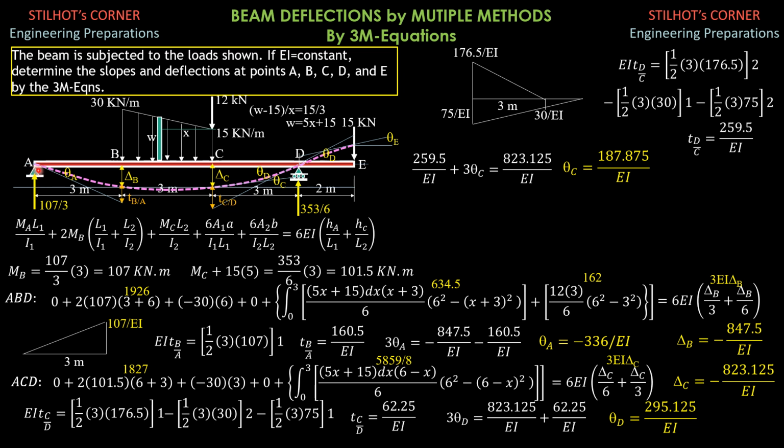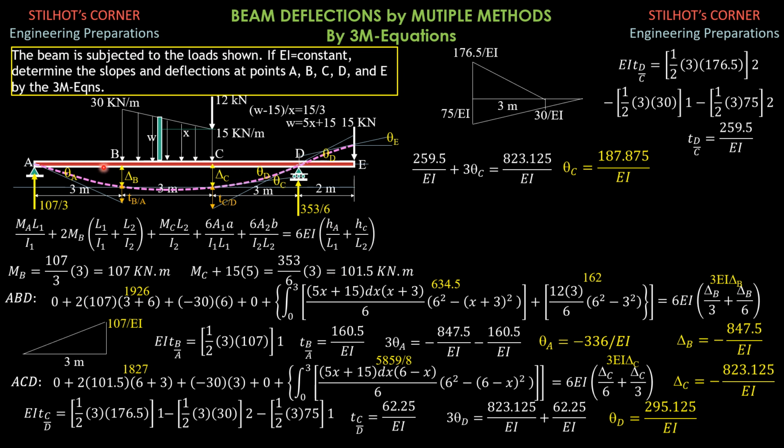And this is the vertical distance from the horizontal reference through point B on the elastic curve to point C, H sub C. So that's the meaning of that.